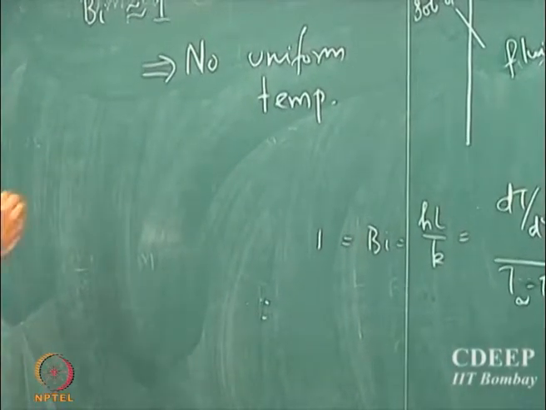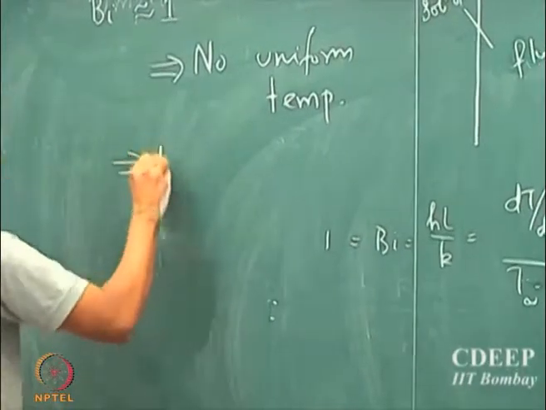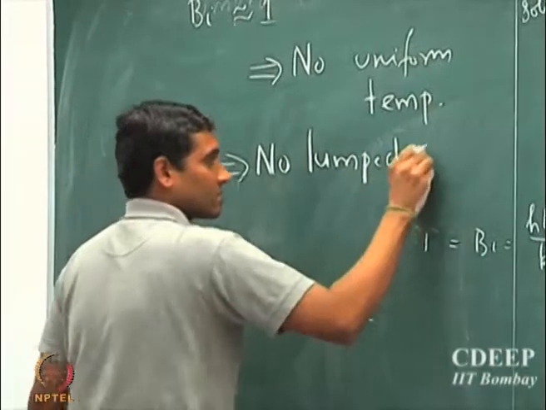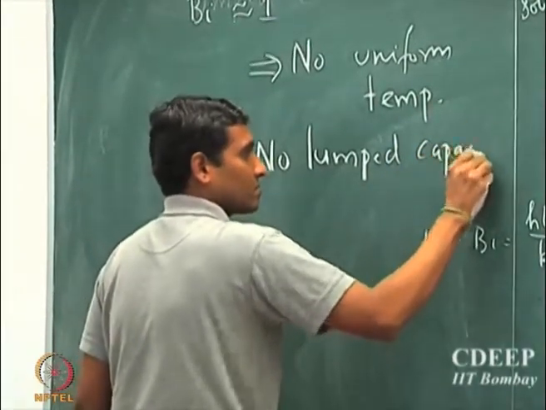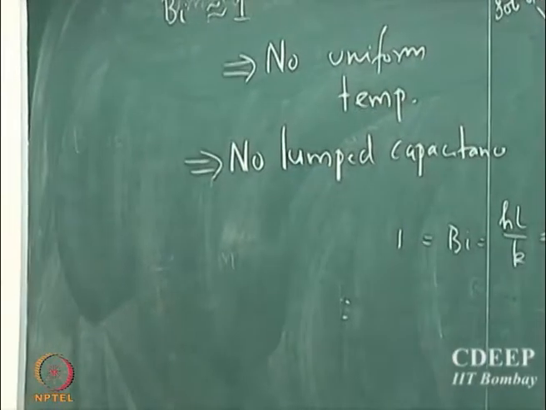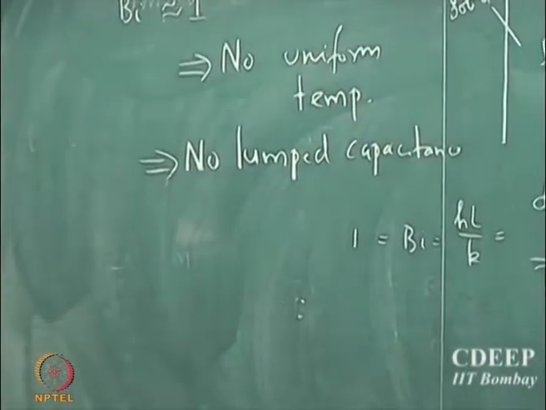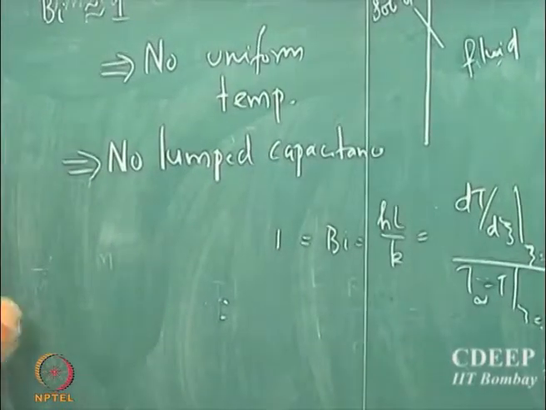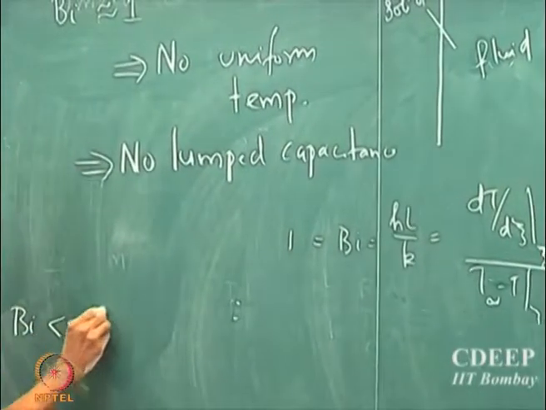So which means you cannot use the lumped capacitance method. No lumped capacitance method is permitted when Biot number is almost equal to 1. Okay. So the third case is where Biot number is much smaller than 1.